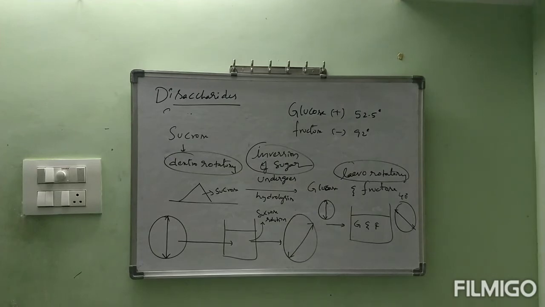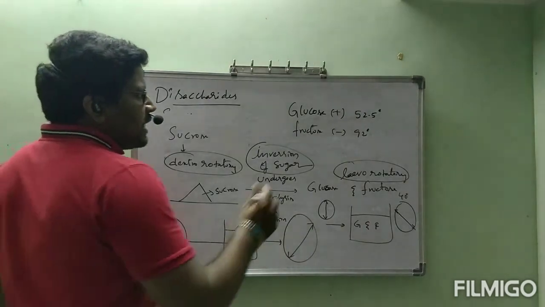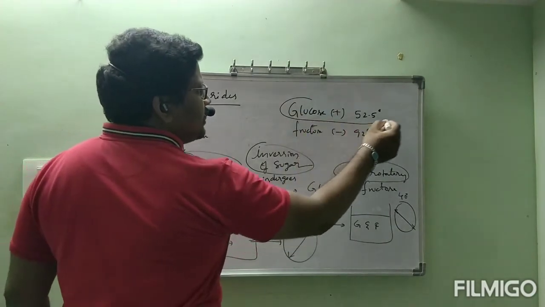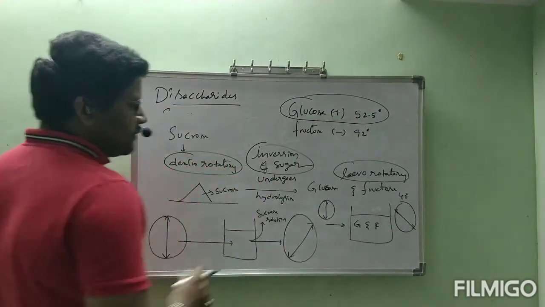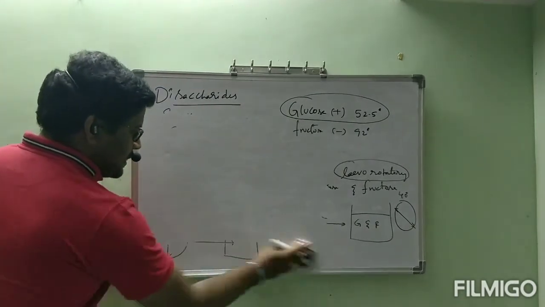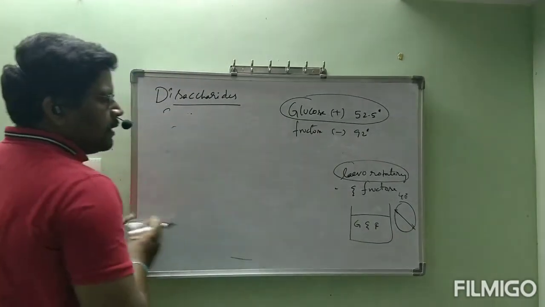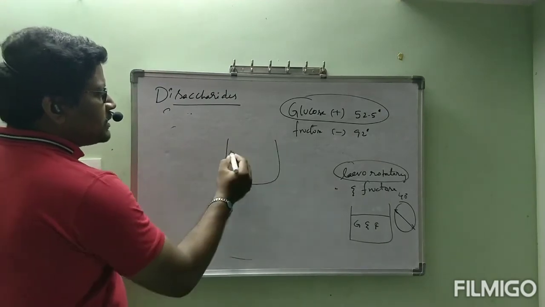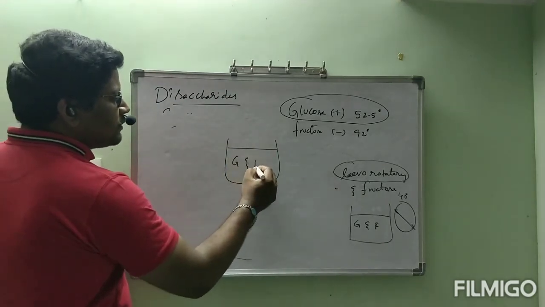Now, why is it showing left side angle 40 degrees? We will see that. Observe, everyone. Glucose is dextrorotatory with 52.5. This mixture contains both glucose and fructose.